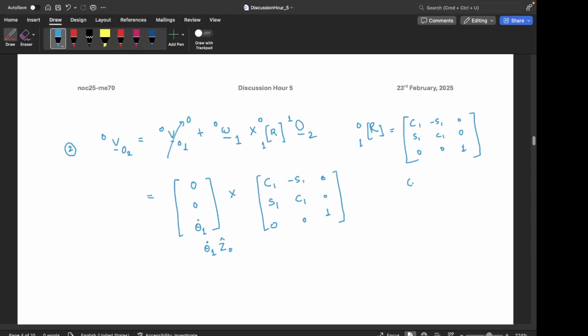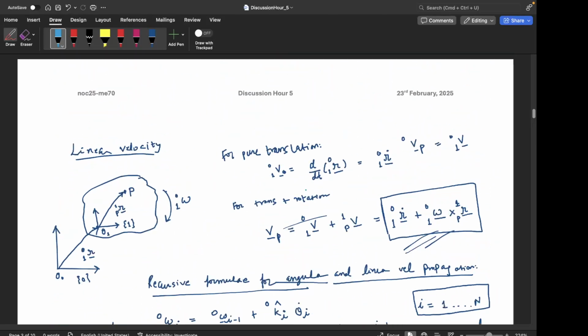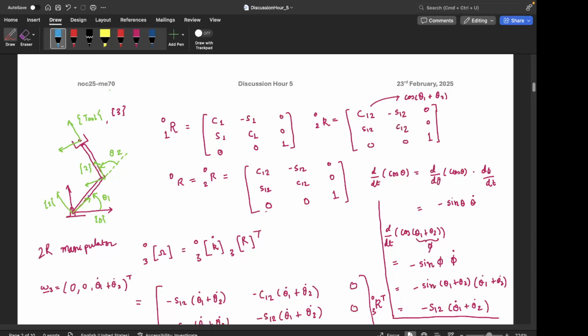And what is the position vector of the origin of frame 2 in frame 1? If you look here, this is frame 1 and this is frame 1's x-axis, so this is x1 hat, and this length is L1. So the origin of frame 2 is at a distance L1 along the x-axis of frame 1.